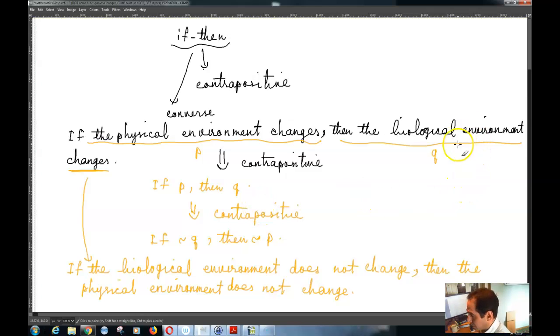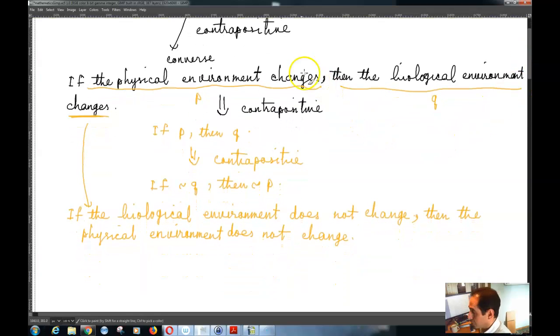Now the interesting thing here is that these two statements are supposed to convey the same meaning. Over here I'm saying if the physical environment changes, then the biological environment changes.